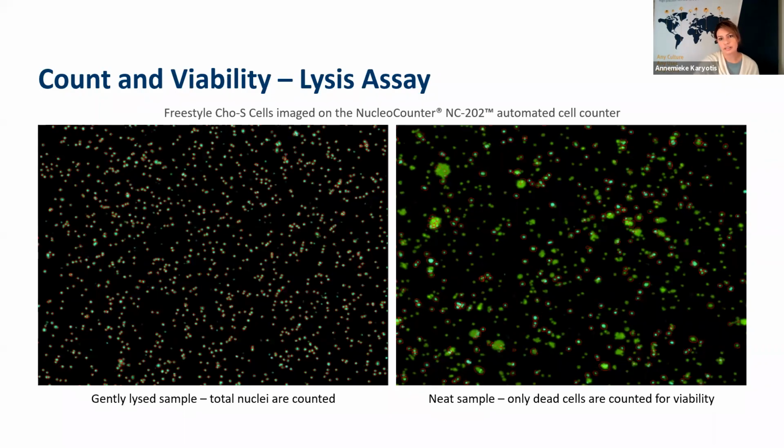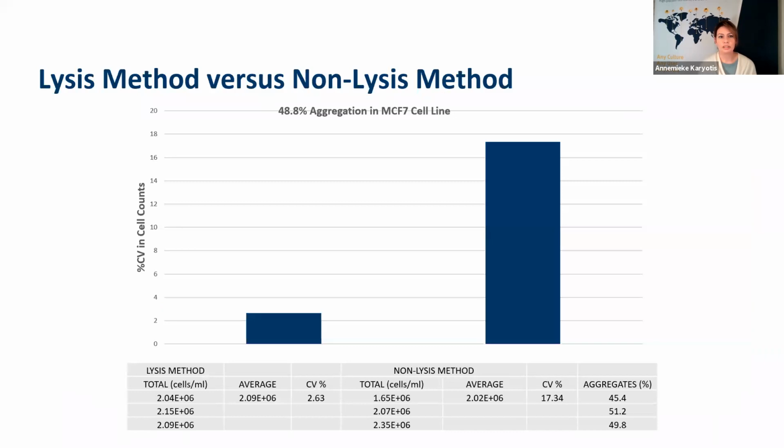To illustrate this, we did this in the lab with a lysis method versus a non-lysis method. There was an average of about 48.8% aggregation in this MCF7 cell line. If you look at the bottom of the figures, the total cells per mL, you look at the repeatability and then you look at the average.